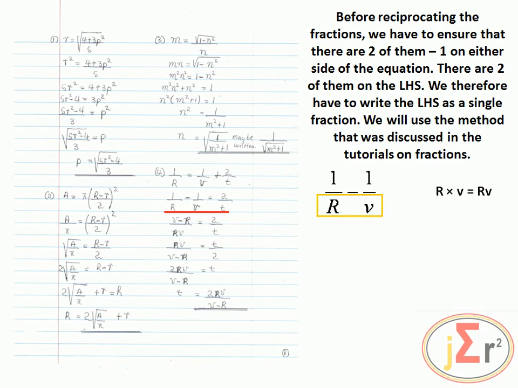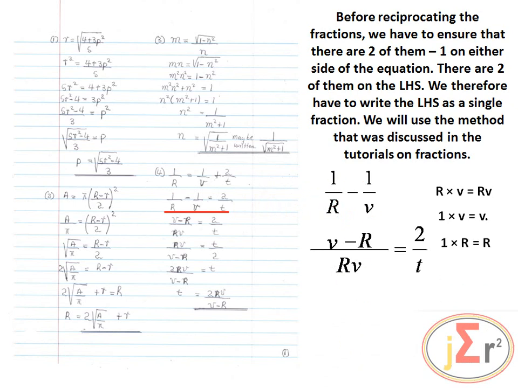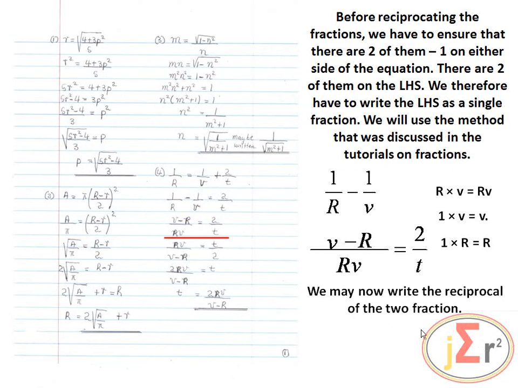What's that? That will be the new denominator. We have v and we subtract r. And of course that sum of the fractions that we have on this side is equal to 2 over t. What do we do then? We may now write the reciprocal of the 2 fractions.